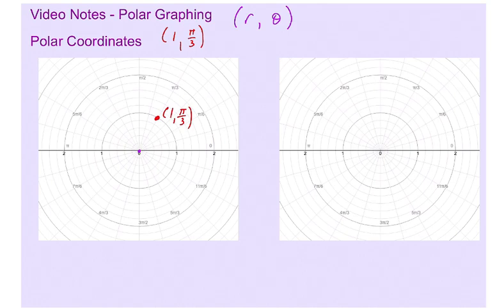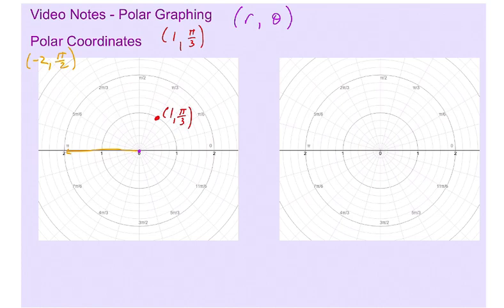Let's graph a couple more points. You can certainly have a negative r. So we'll graph the point negative 2, pi over 2. In that case, when it's negative 2, pi over 2, you imagine yourself going backwards 2 units and then rotating pi over 2 from there.